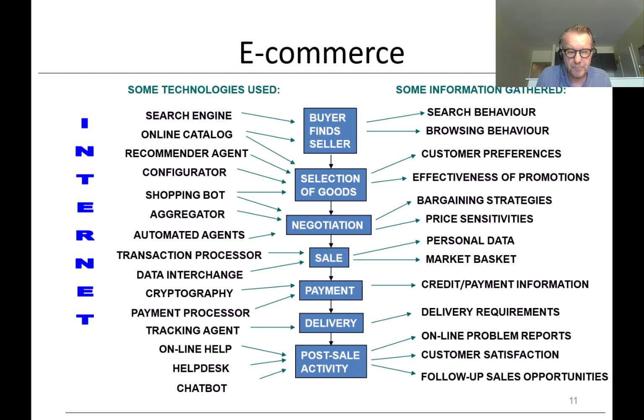Various types of automated agents can then be included, one of which will be a transaction processor that will allow you to set up the transaction, to create the transaction. There will be some data interchange. I will have to tell you my socio-demographic information, my address where the Nike shoes have to be delivered, and obviously also payment information.